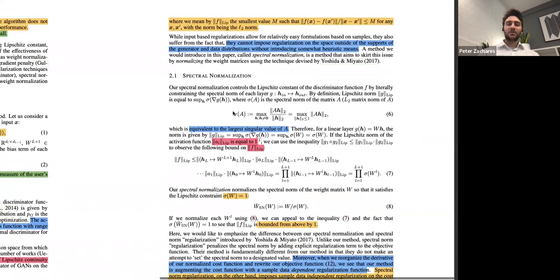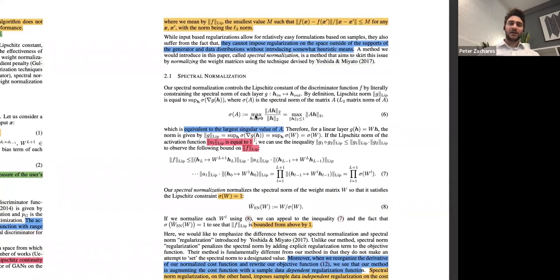And they basically tell you how to calculate the spectral norm. What they show over here is that for a weight matrix A, the largest singular value of that weight matrix is its Lipschitz constant.